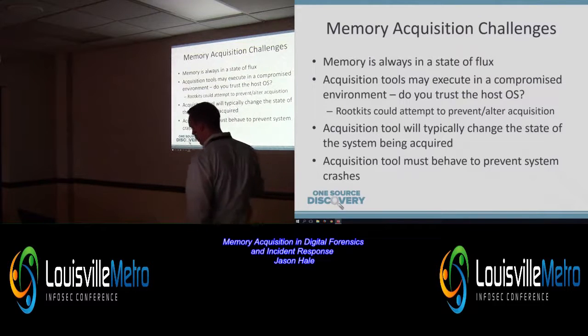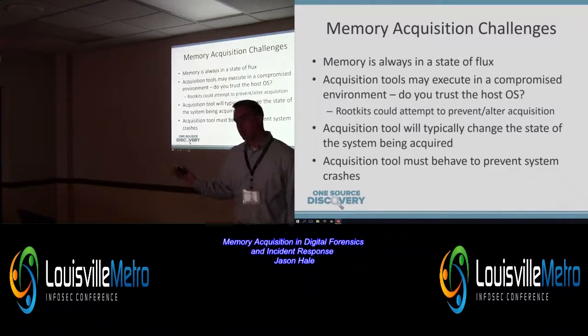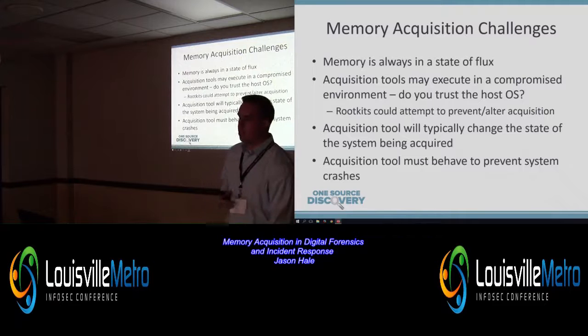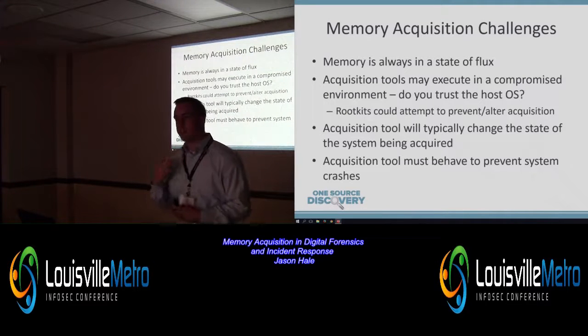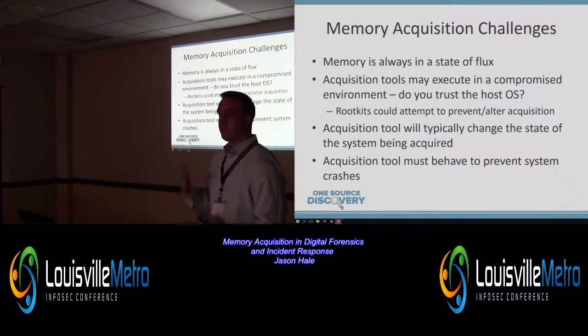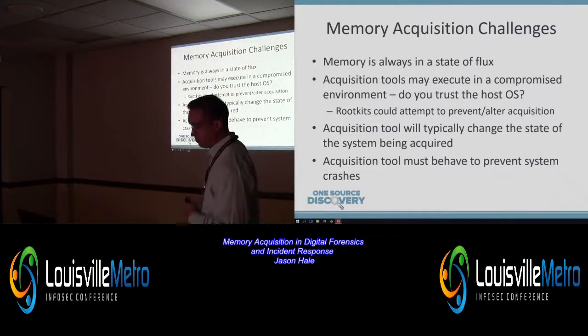Now, best case, you crash the system and you end up with a partial memory dump or maybe no memory dump, but it's just Joe's computer in HR, so it's not a big deal. But if you're running this on a production server or something that can't be taken down, now you're forced to shut down the system, reboot, and that has a whole lot of problems that could go along with it. So our acquisition tool must behave.